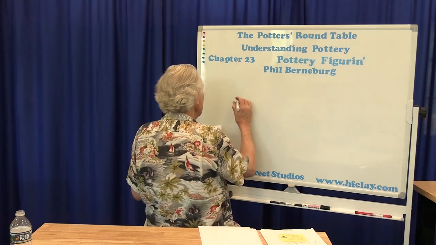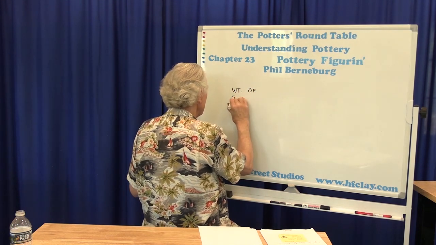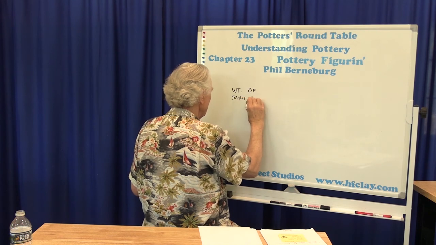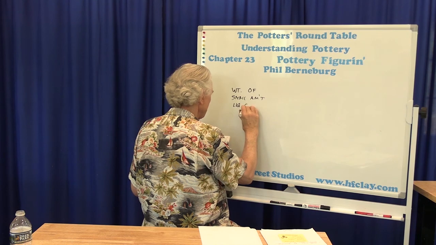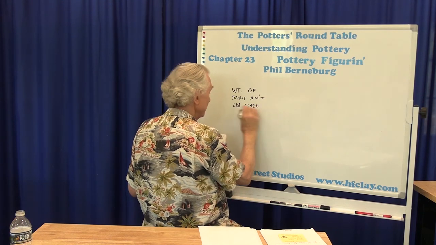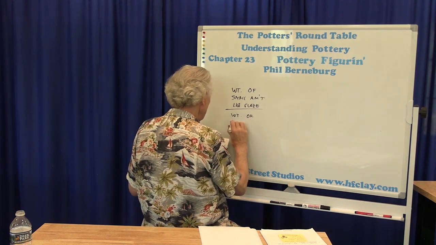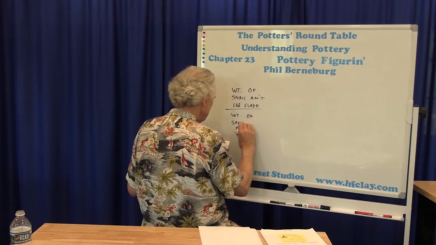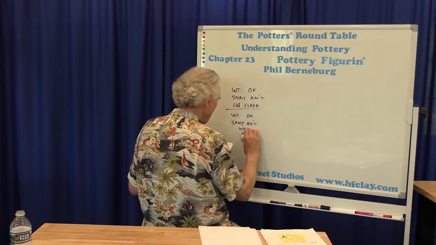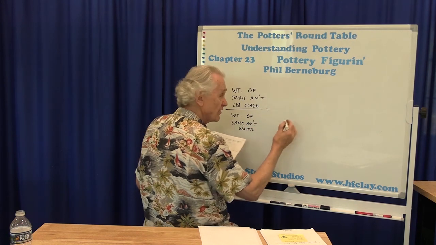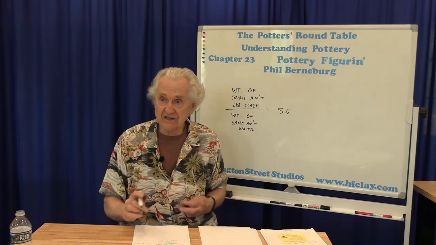If I take the weight of a small amount of liquid glaze, let's say a cup, and I divide that by the weight of the same amount of water, that will give me a number, like a ratio, and that is the specific gravity. Okay, that's the way you actually calculate specific gravity.